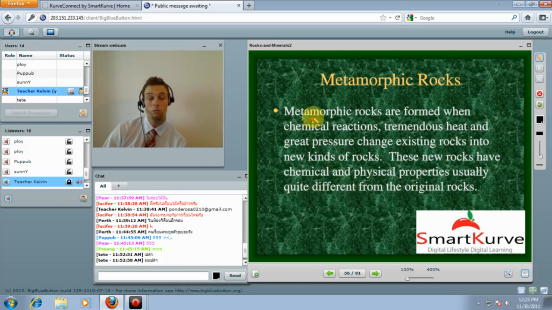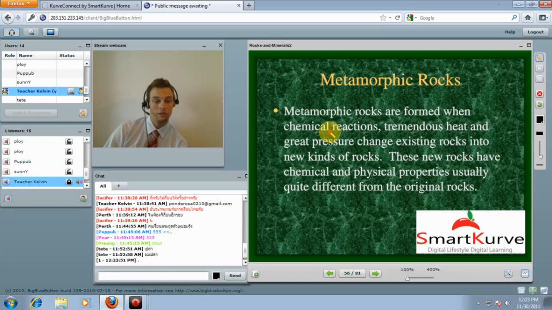So, for example, coal, which we talked about before, compressed under thousands of years of heat, pressure, and chemical reaction becomes a diamond. And that's one of the most precious stones we know of, a diamond. And it started out as a piece of coal, which is very common. It's a metamorphic rock. It becomes a mineral. So that's pretty interesting.